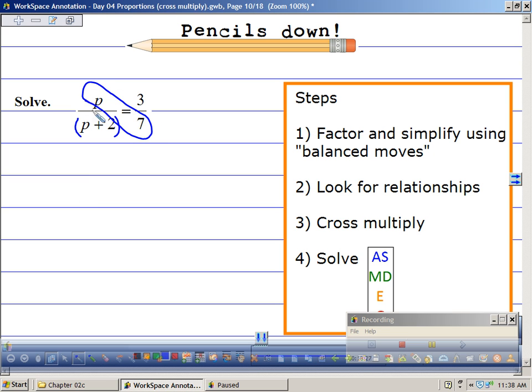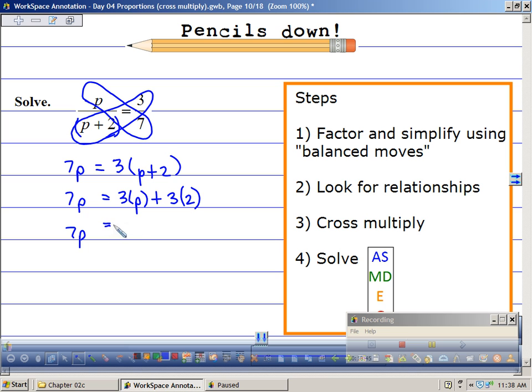So 7p is equal to 3 times p plus 2. So 7p equals 3p plus 3 2s. 7p equals 3p plus 6. What can I take off of both sides? Just 1?